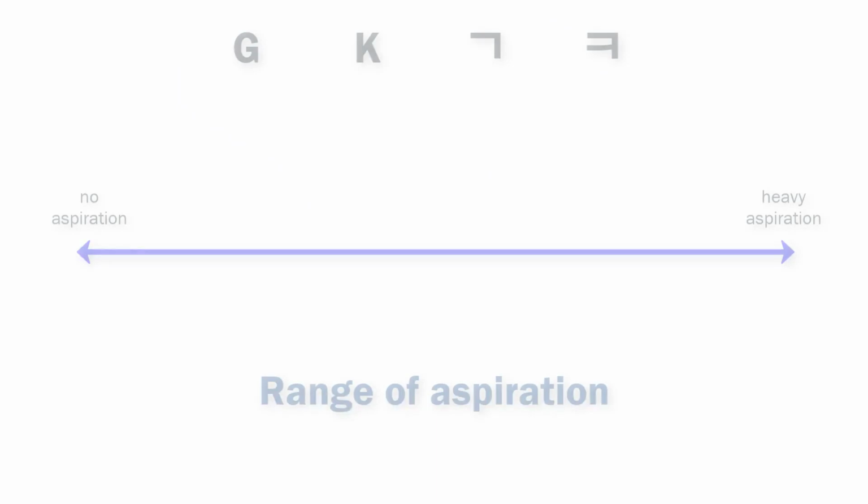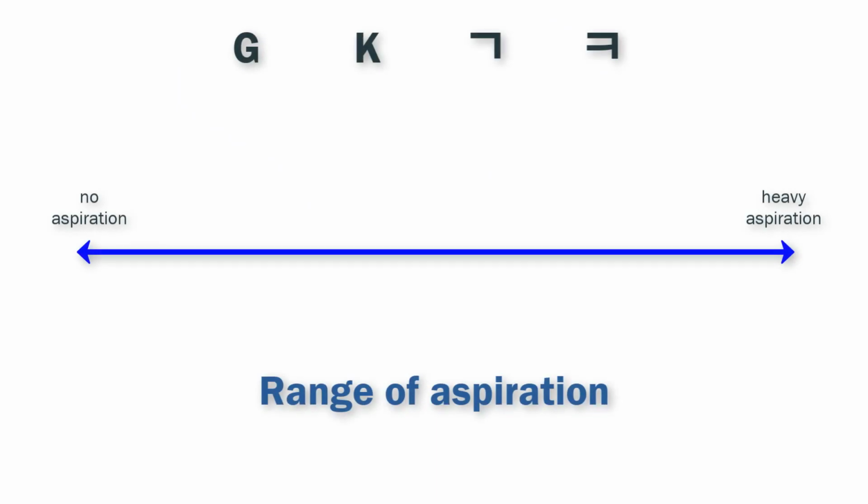To understand why and how Korean consonants are different from English consonants, let's do a comparison of the English letters G and K and the Korean consonant letters Kiok and Kiuk. Now, if we put G and K in a range of aspiration, K is a moderately aspirated sound, so we'll put it here. And G is a very lightly aspirated sound, so we'll put it here.